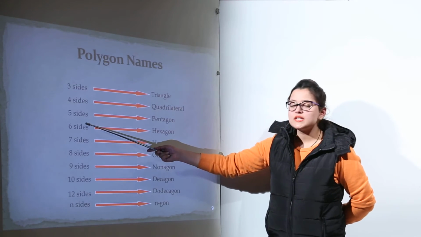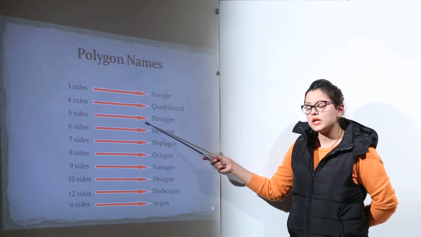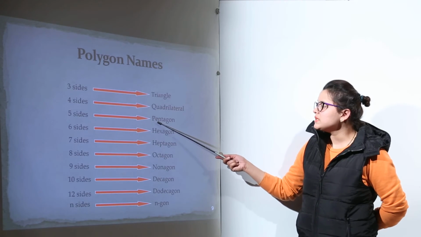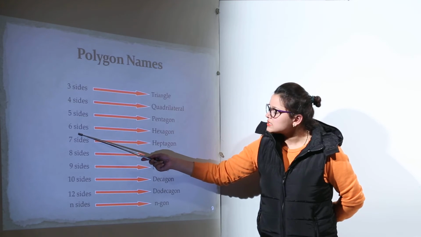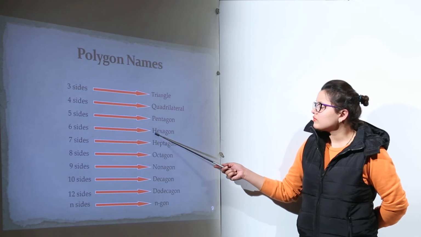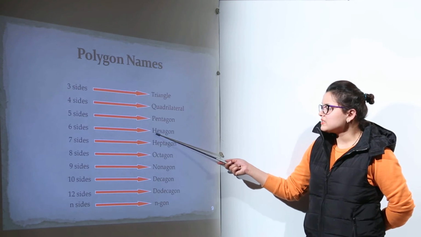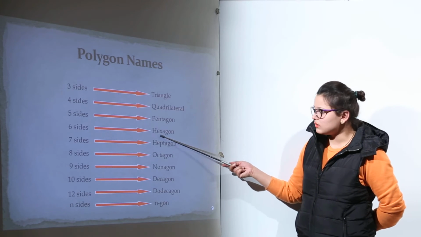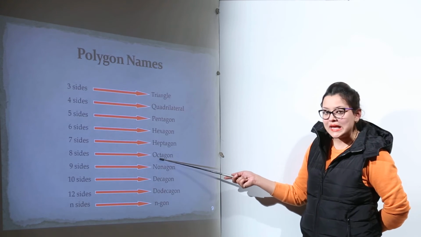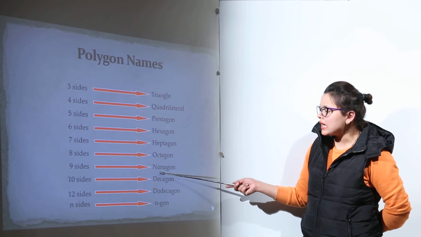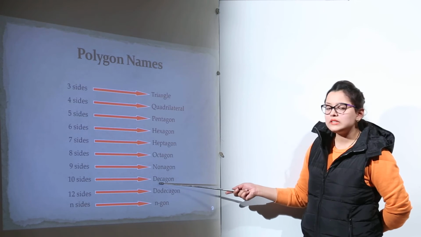Similarly, if 5 sides are present in a polygon, it will be known as a pentagon. Pent means 5, gon means angles. Similarly, next 6 sides stands as hexagon. Hex stands for 6 over here. Hept stands for 7. Oct stands for 8. Non stands for 9. Dec stands for 10.